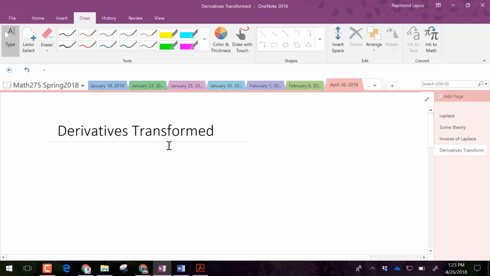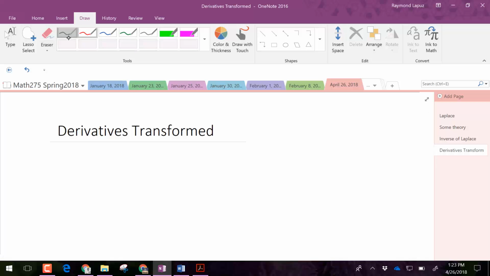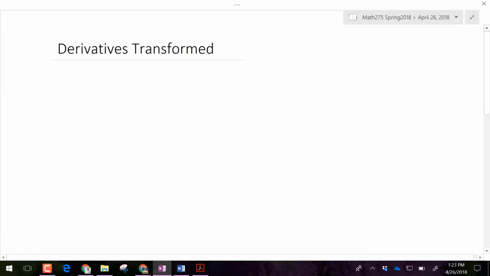So the idea here is to see what happens when you take the derivative. I'll use curly brackets.